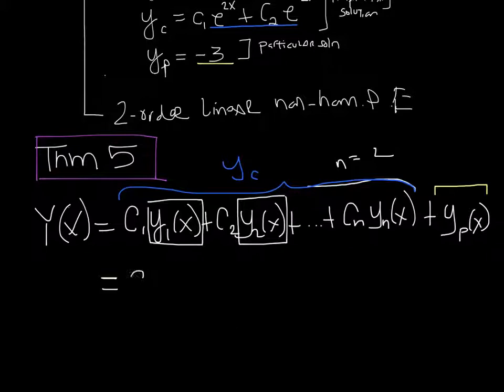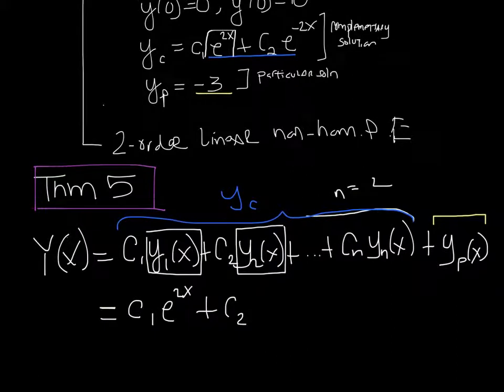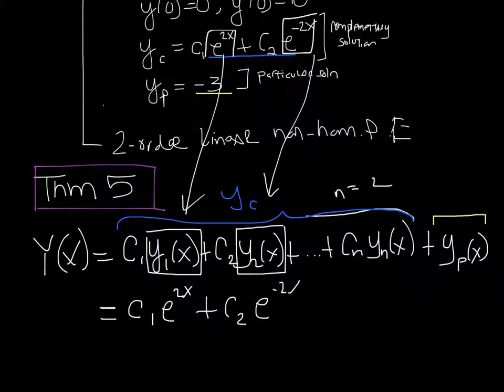So we have C1 e to the 2x plus C2 e to the negative 2x, right, that's these guys. And then we have plus y sub p, and our y sub p in this case is just minus 3. That's our capital Y of x.